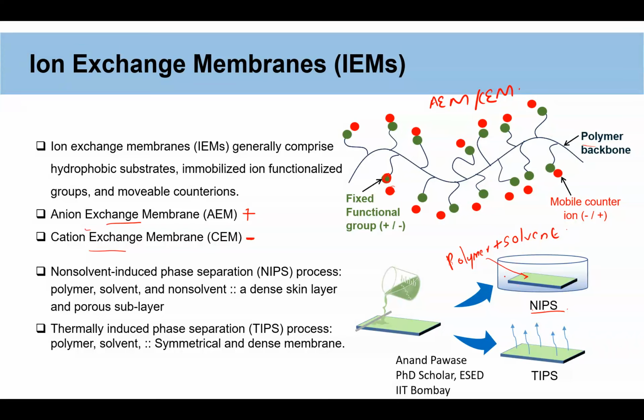Then we immerse it into a non-solvent, which causes solvent and non-solvent demixing and forms the polymer layer. And in thermally induced phase separation, we heat the polymer solution, the solvent vaporizes, the polymer solidifies, and we get the sheet.